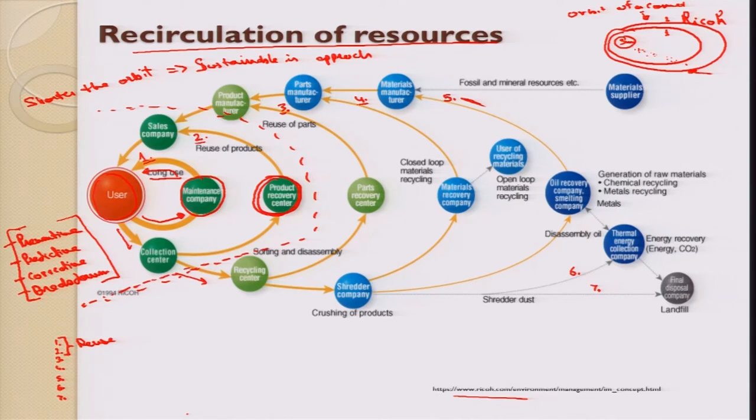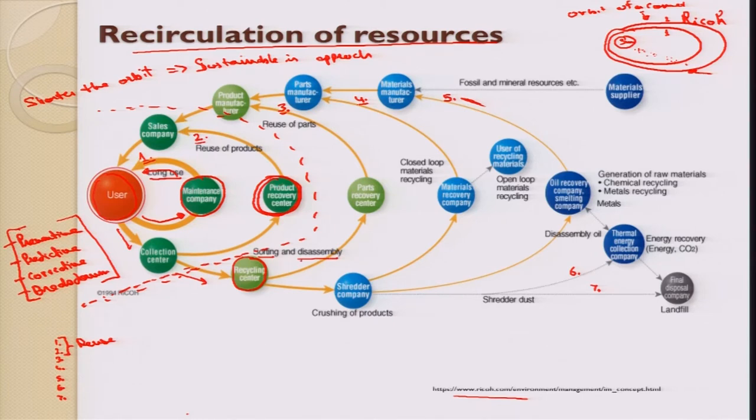The next orbit is orbit 3, in which the product goes to a recycling center. So what does the recycling center do? It takes the product and does sorting and disassembly. Actually, a product recovery center can also do that.